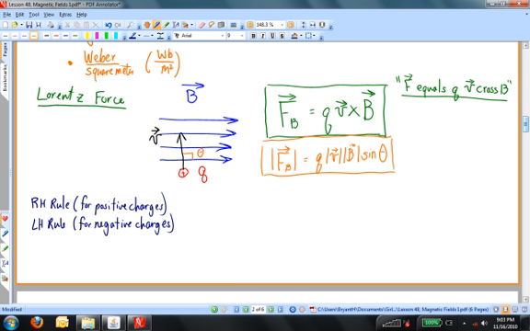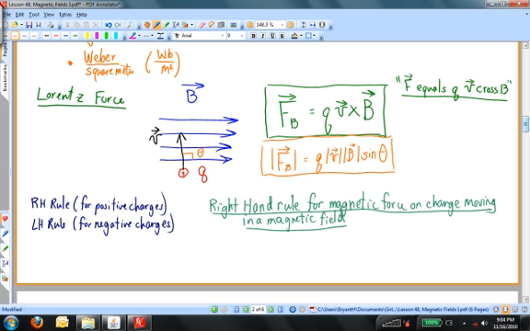The right-hand rule for positive charges moving in a magnetic field says that you allow different parts of the anatomy of your right hand to represent certain vectors, and the directional relationship between them shows you the direction of those vectors. In this rule, you allow the fingers of your right hand to represent the direction of the charge motion.